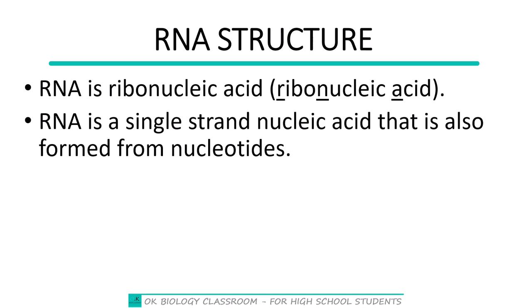So many nucleotides have been joined to form that single strand called the RNA. So one similarity we find in here is that the RNA also has the same building block as the DNA. So that is the nucleotide. But RNA is single strand. DNA has 2 strands.